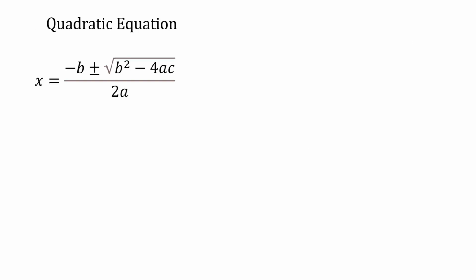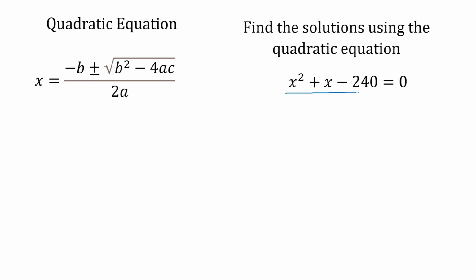So let's talk about the quadratic equation, because we can always use the quadratic equation to solve for a value of x. Okay, so remembering these letters are coming from our general form of the quadratic. Let's take a look at this first quadratic right here. So in this quadratic, my a value is 1, my b value is 1, and my c value is -240. Make sure you pay attention to the signs.